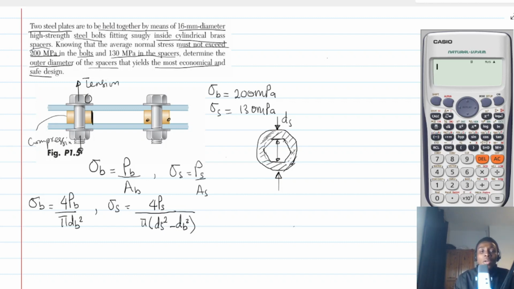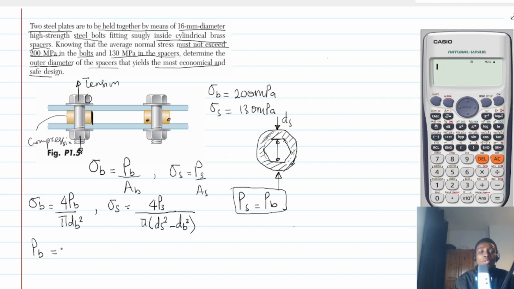All right. Technically, we know from statics that if this system is to be in equilibrium, then PS must be equal to PB. That is the static analysis of it, to say that the load carried by the bolt is taken by the spacers.